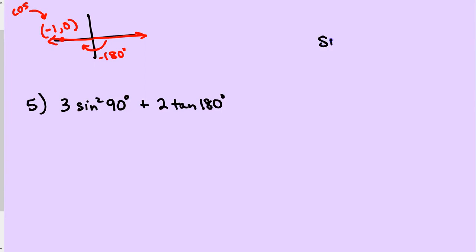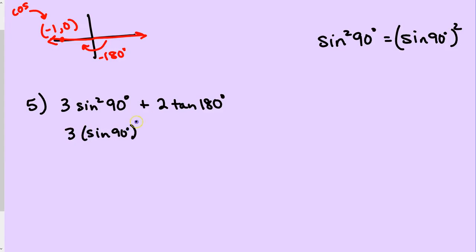And by the way, if you see sine squared 90, what it actually means is the sine of 90 squared. They just put the squared inside so that they don't have to write parentheses. So what we're doing is 3 times the sine of 90 degrees squared plus 2 times the tangent of 180 degrees. So let's figure out the sine of 90 and the tangent of 180.